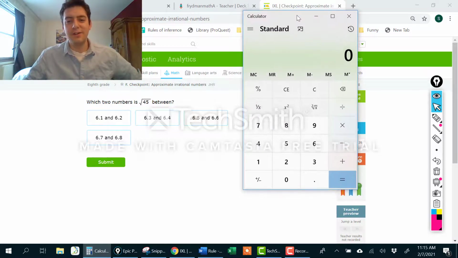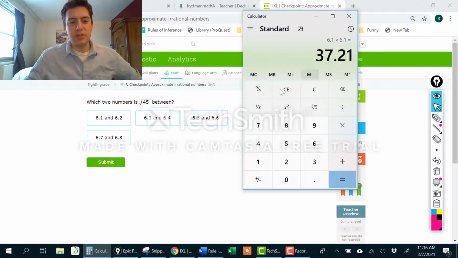I'm going to do it the hard way first. So 6.1 squared, so 6.1 times 6.1, or you could also use this little button here if you have it. Whoops. 6.1 times 6.1 is 37.21, and 6.2 squared is 38 point something.